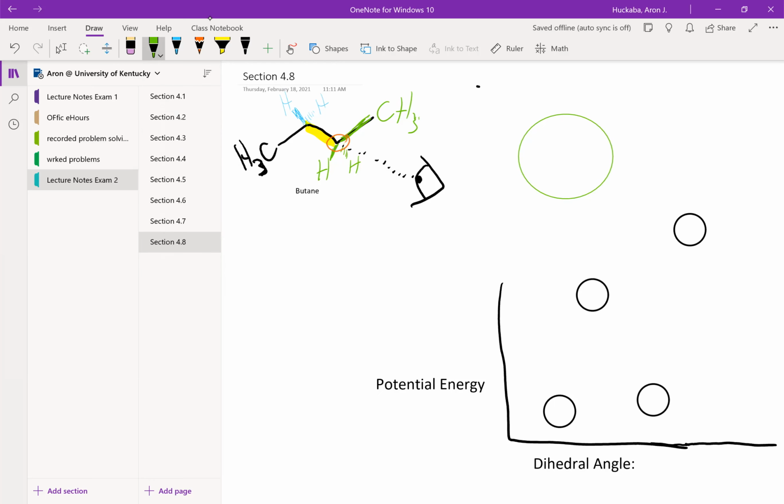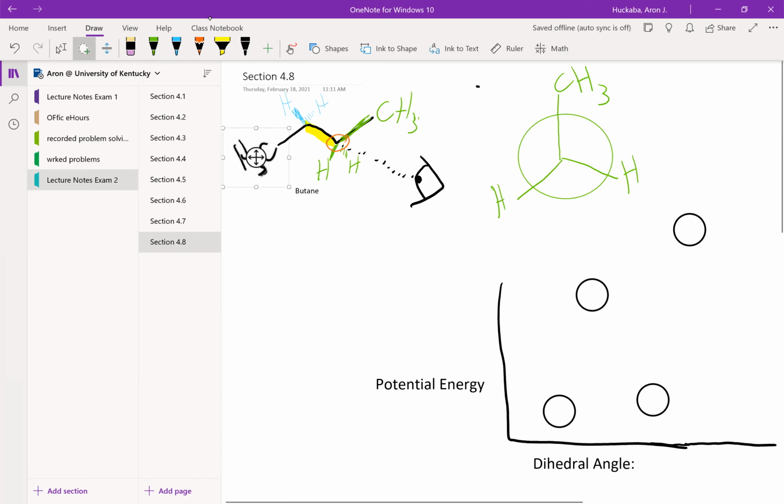The front hydrogen on a wedge is here. The front hydrogen on a dash is here. And that CH3 group is pointed straight up like this, right? Whereas in the back, we can start with that CH3 group there. It's pointed down, while the hydrogen on a dash is here on the right, and the hydrogen on the wedge is on the left.